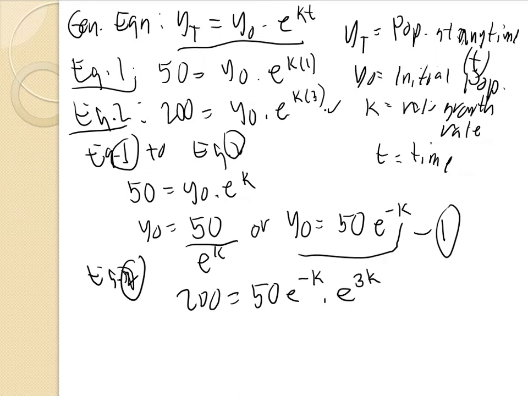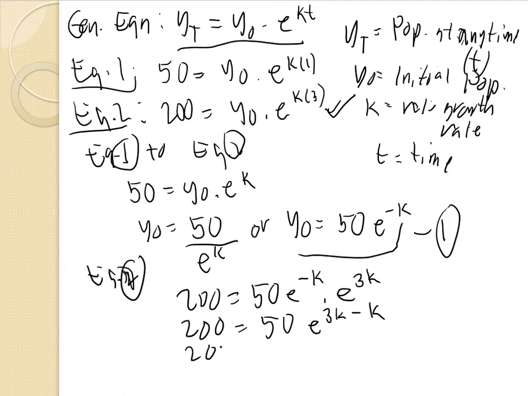Dito kasi siya galing: 200 equals y sub 0, 50 times e raised to negative k, and then yung e raised to 3k. Okay, so we compute. This can also be written as e raised to 3k minus k.